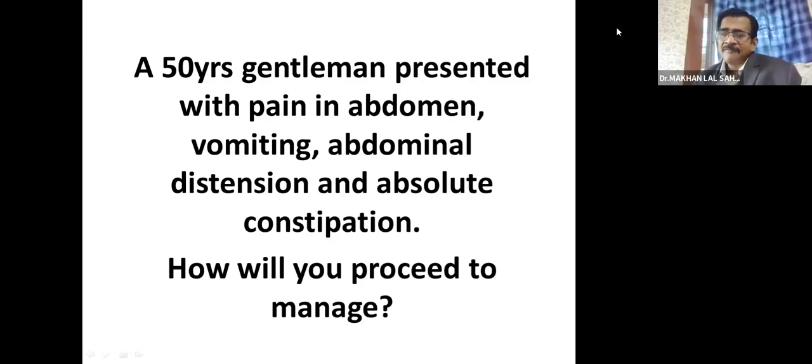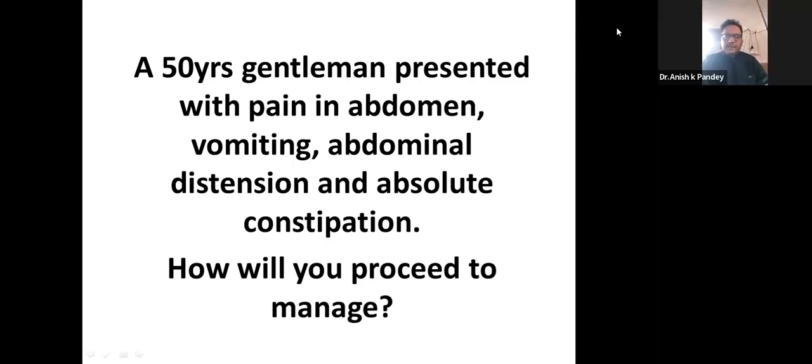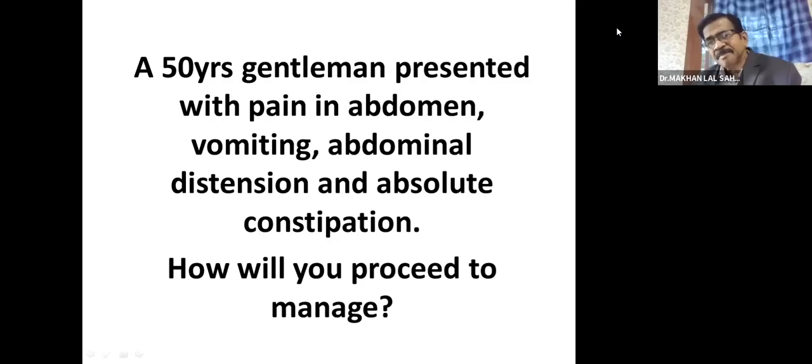You have made a midline incision and you suspect the patient has acute small bowel obstruction. What are the steps for laparotomy in a patient like this? How do you go in, diagnose and manage? Firstly, I will open the abdomen through a midline incision. Where do you start?